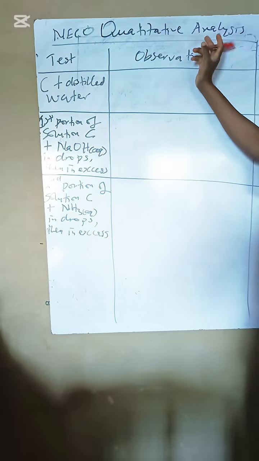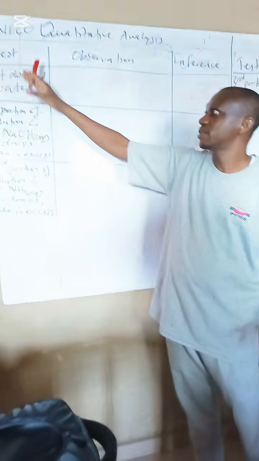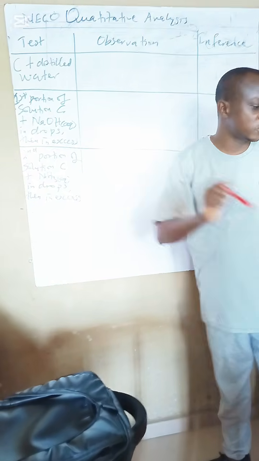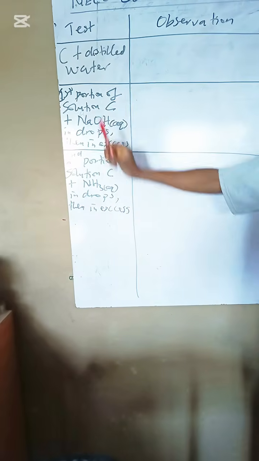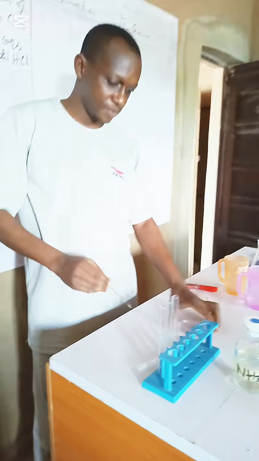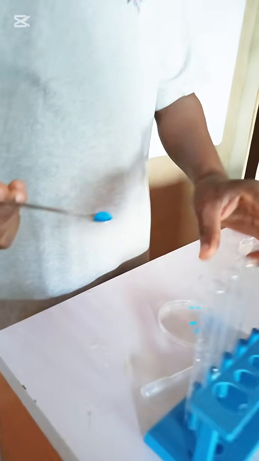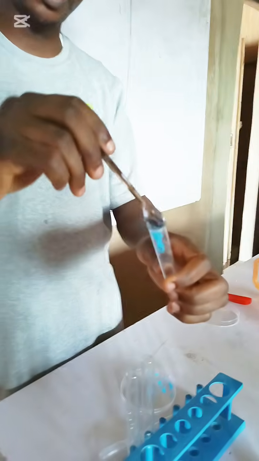NECO qualitative analysis, that is the analysis for NECO. Alright, now the first thing we have to do is that C, which is the salt provided for us, C plus distilled water. Now let's take the C first and foremost, and this is the salt, this is C. We put some of it, a spatula, in the test tube.